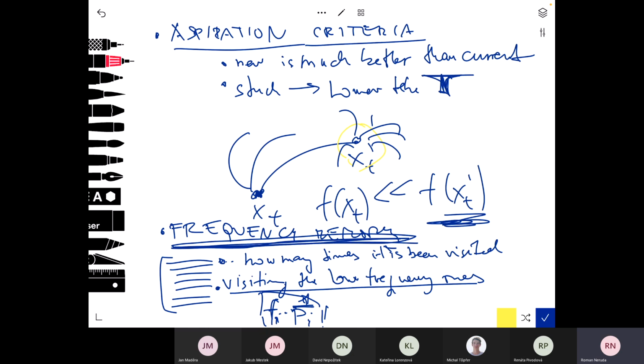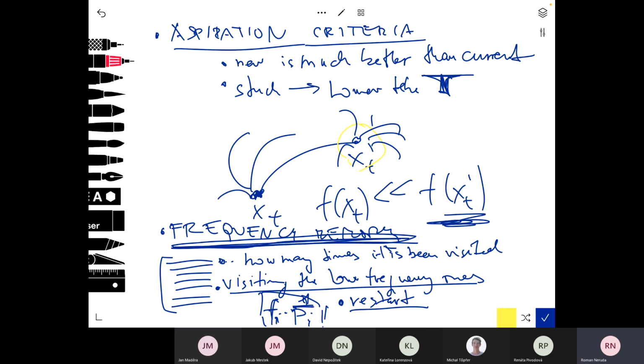So you see that this is another of those diversification mechanisms, right? Some solutions that were visited quite often have much lower chance to be visited again, right, by the frequency memory. Another approach that they actually found quite useful was that we actually restart the search.